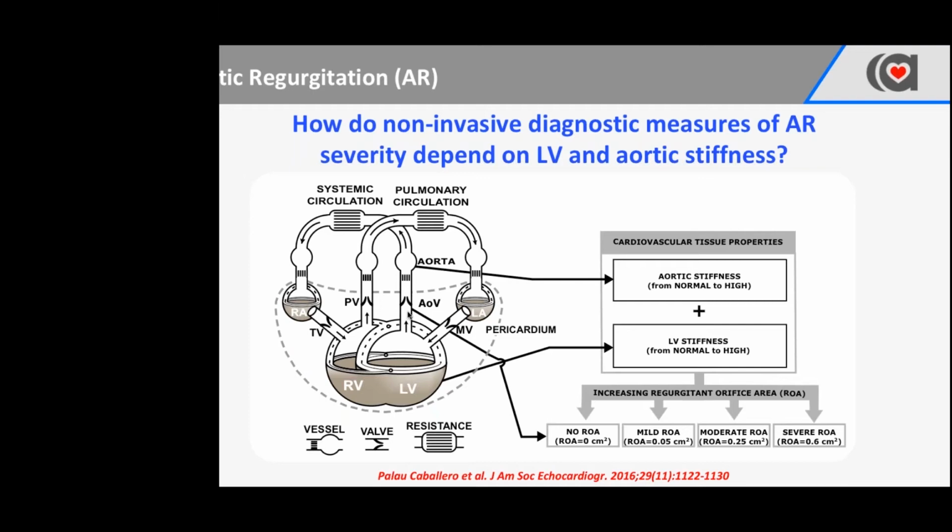So we thought we might use the model to estimate the effect of aortic stiffness on the regurgitant flow pattern across the aortic valve, and we do the same for the influence of left ventricular stiffness. We do this with an increasing regurgitant orifice area, from no regurgitation at all to mild, to moderate, to severe.